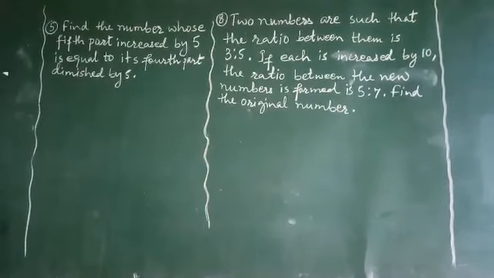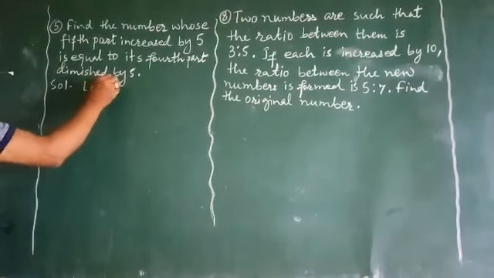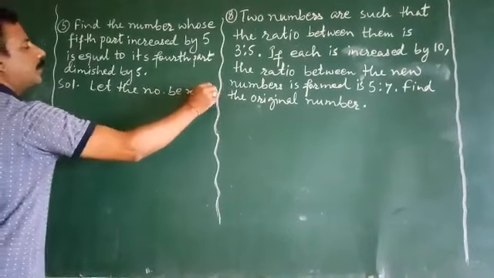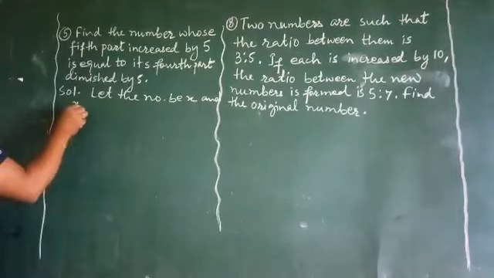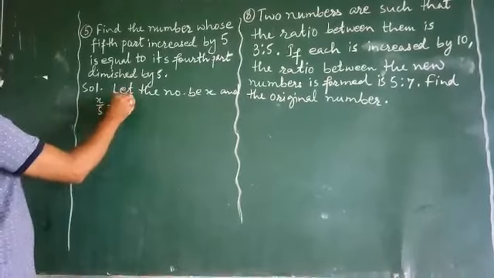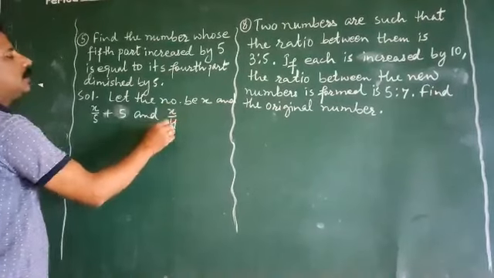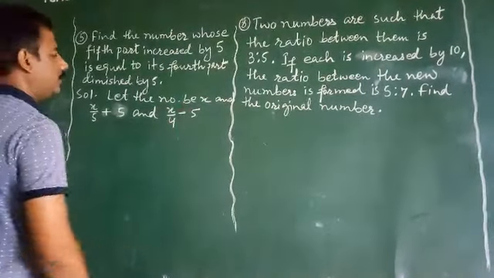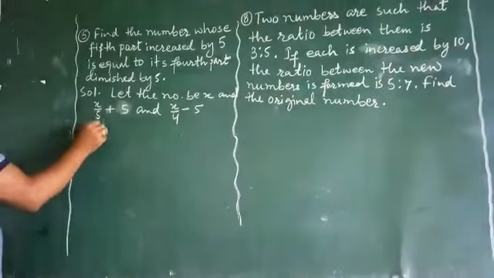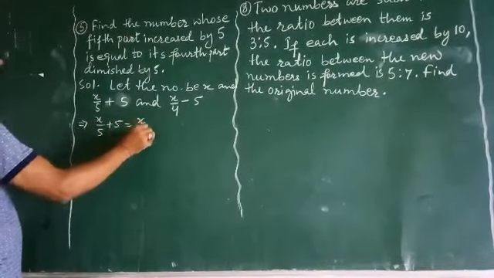Therefore the equation set up is x by 5 plus 5 equals x by 4 minus 5.